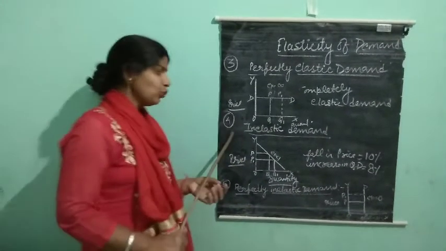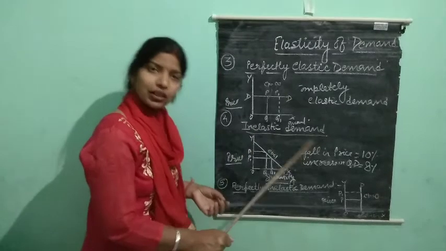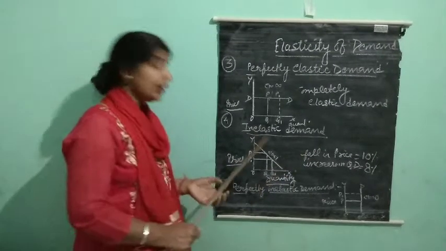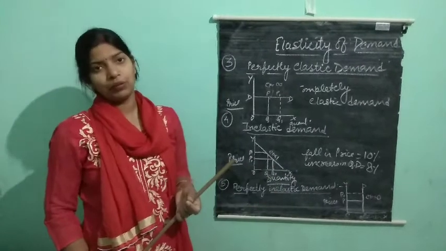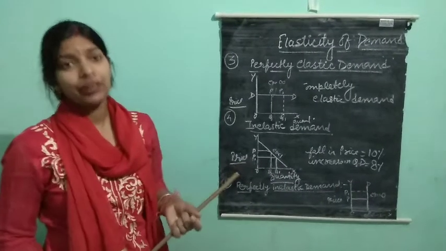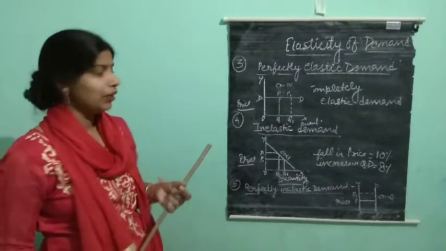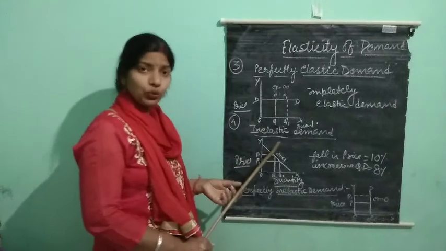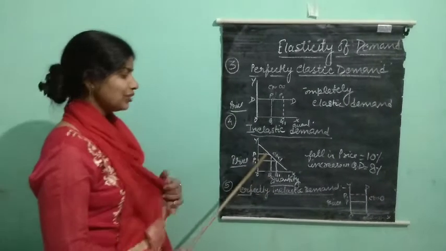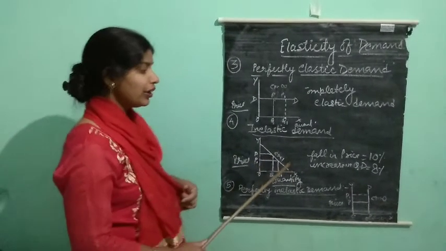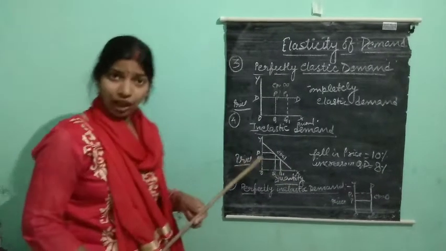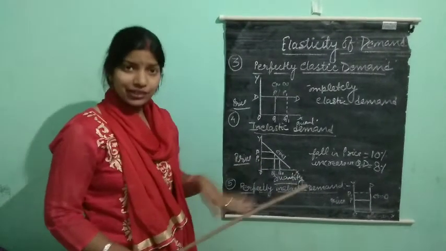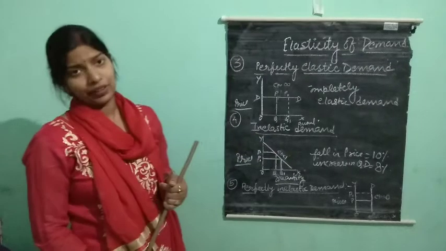Then the fourth one we are doing, inelastic demand. Inelastic demand is the opposite of highly elastic demand, as already we have done in the second. Here we can say that change in quantity demand is less than change in price.